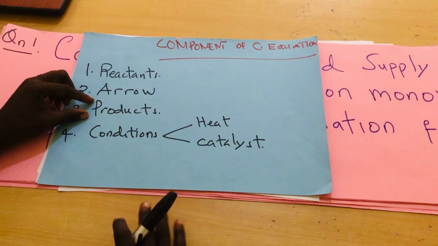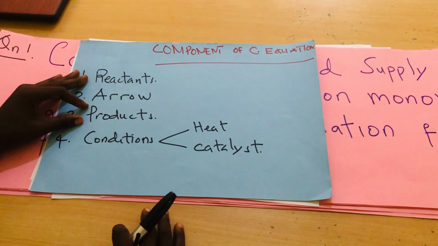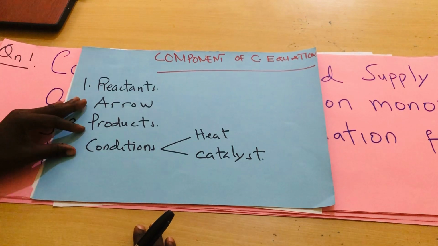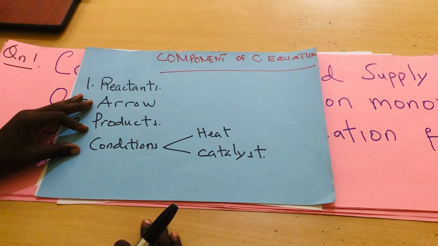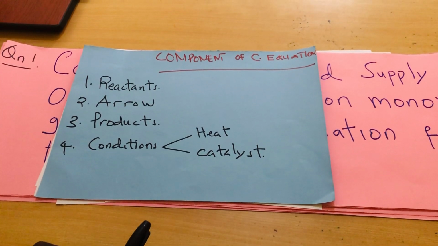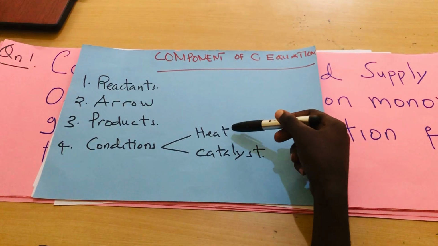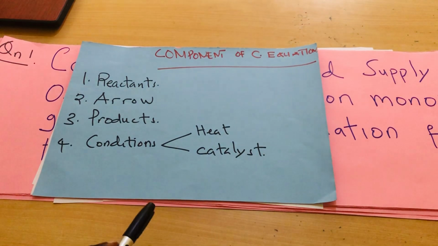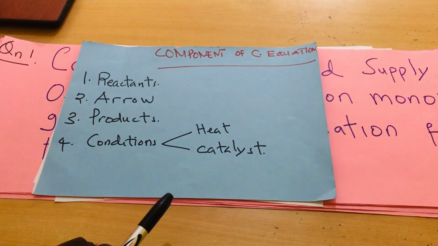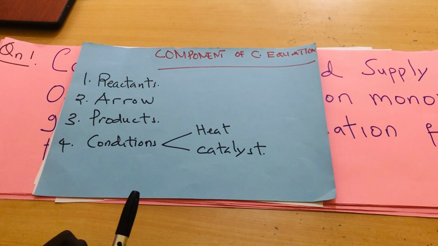We have products, a new substance formed after a chemical reaction. And lastly, we have conditions, substance which speed up the rate of the reaction. We can use heat. Sometimes we prefer to use catalyst. It depends on the nature of the reaction.